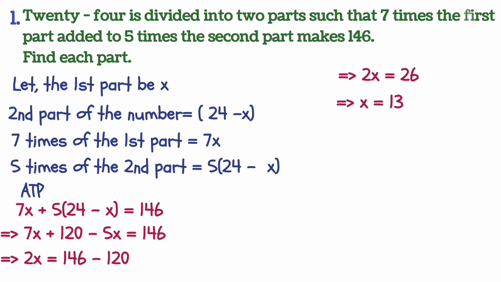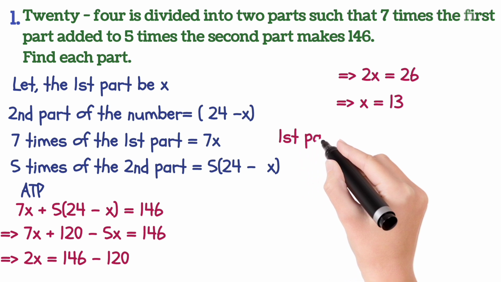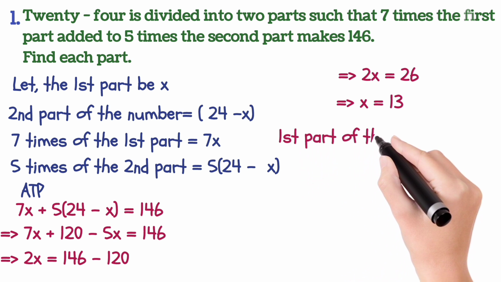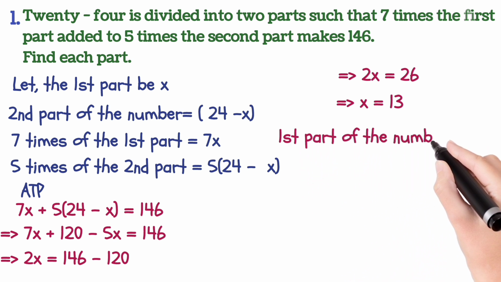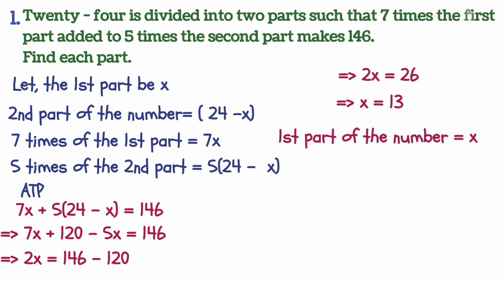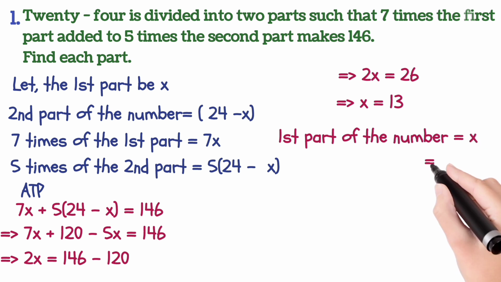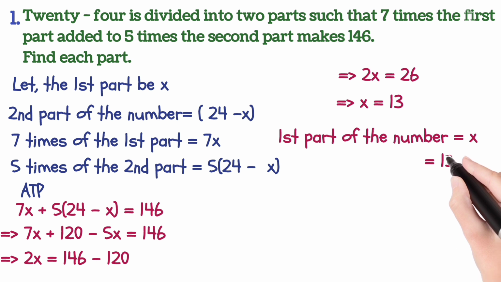So boss, we got the value of x. This is the main thing. If you get the value of x, you can easily find the answer, whatever is asked. They ask to find each part. So we got, in the first line, the first part is x. So our first part is 13.